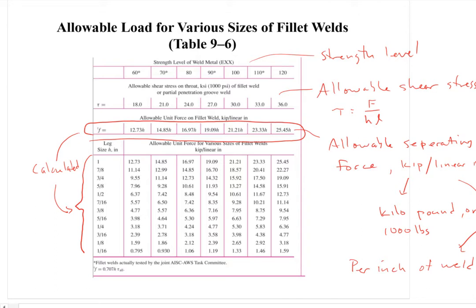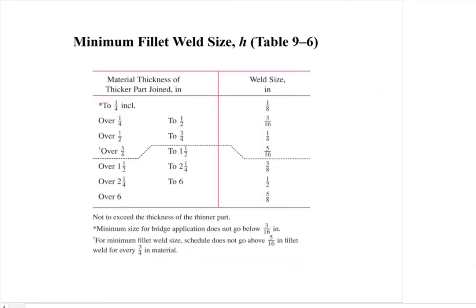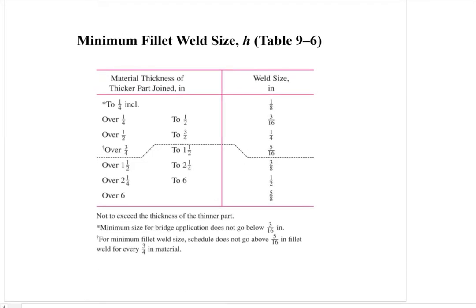I'm not quite sure, I guess they just needed to fill some space with the table. This is also useful if you're doing a preliminary design. So in summary, tables 9.3 to 9.6 do provide some useful information for preliminary design purposes.